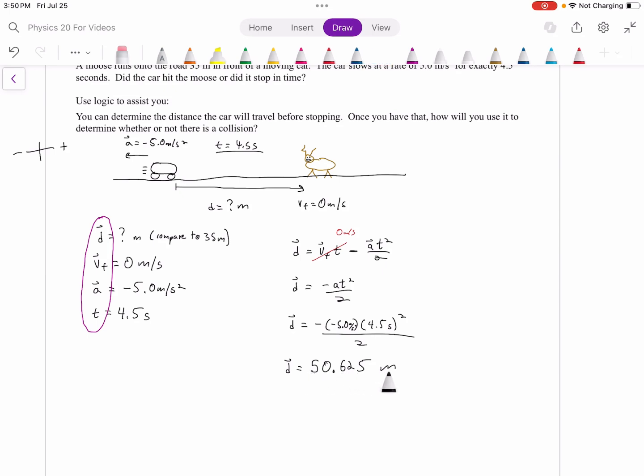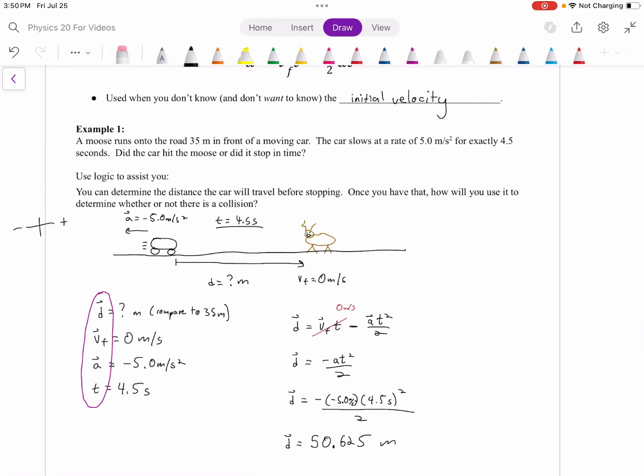Now pause and always think. There are little ways you can check your work as you go. Were we expecting a positive displacement here? Well, yeah, we actually were, because we defined the acceleration direction as negative because it was slowing down. Which means we were defining the direction it was moving initially as positive, because to slow down, you would need to have either a positive velocity and a negative acceleration or vice versa.